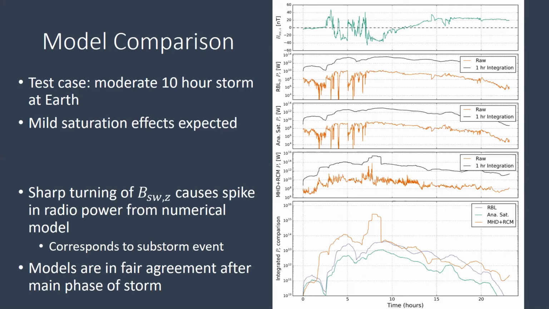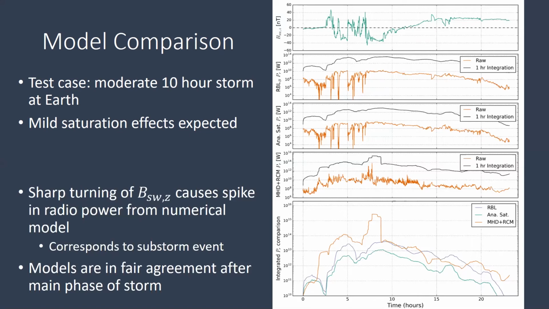And so ignoring the top plot for now, we have the total radio power predicted by Radiometric Bode's law, the analytic saturation model, and then from our modeling setup. The orange line is the raw data, and the black line is the total amount of power if you integrate the previous hour of observing time, which is much more realistic to what you would observe with radio telescopes.